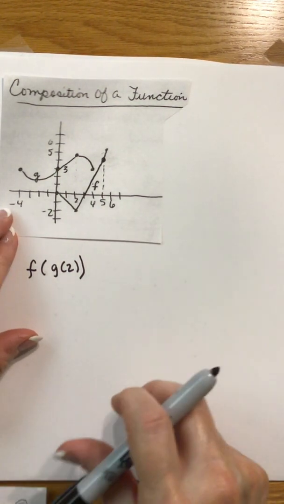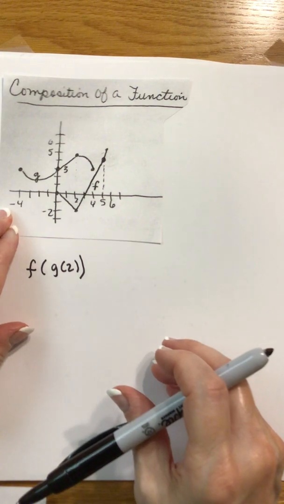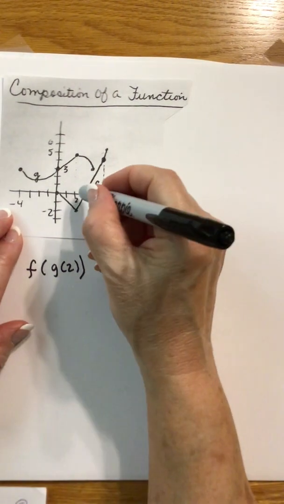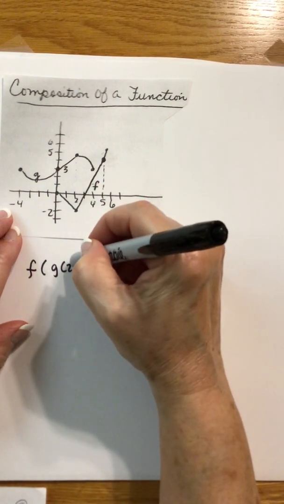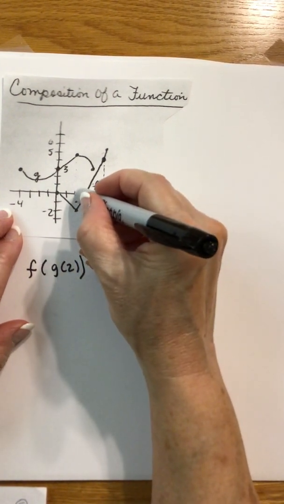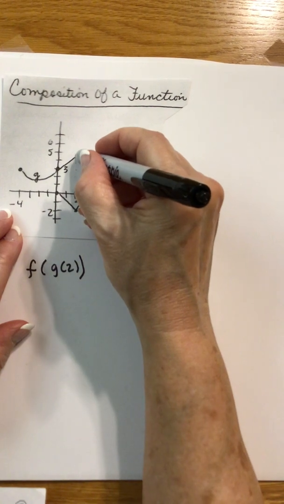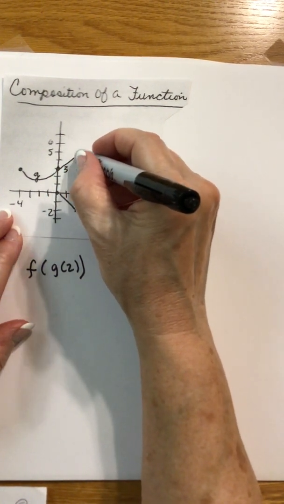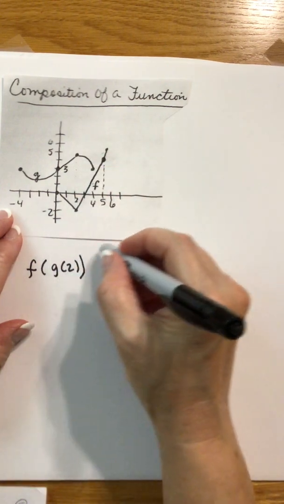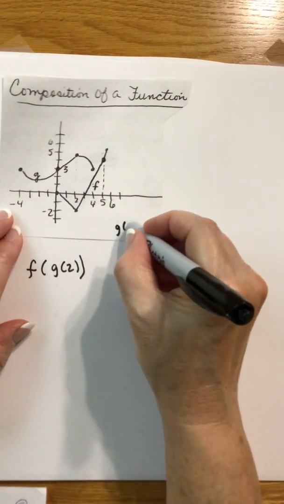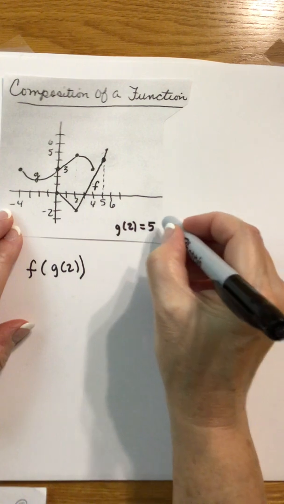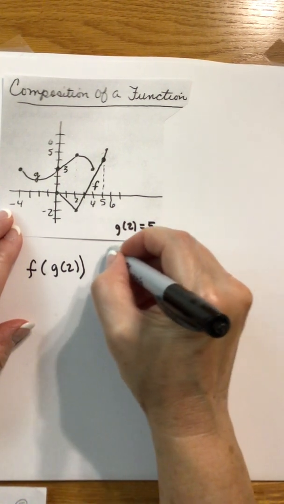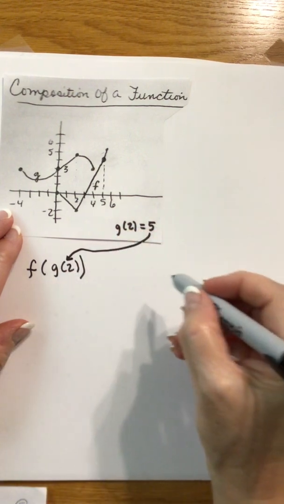So composition, we said we had to find g of 2 first. So to find g of 2, what do I do? I go to the 2 on the x-axis, because that would be the input, and then I go up until I'm touching g. When I go up until I'm touching g, you'll notice that I'm right across from the 5. So g of 2 equals 5. So we're putting that 5 inside here for g of 2.